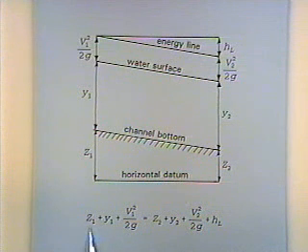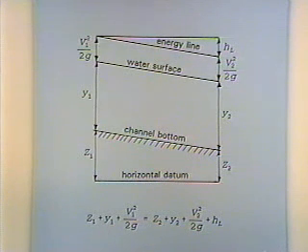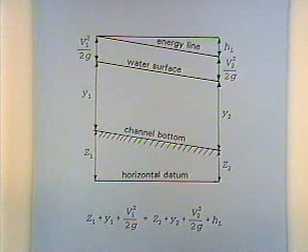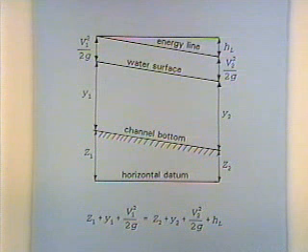We write it this way: the elevation head's the same. The pressure head, instead of writing P over gamma, we'll just write Y1, the flow depth. And so the elevation head plus the flow depth plus the velocity head at an upstream section is equal to the elevation head plus flow depth plus velocity head downstream plus the head loss in between. And so we'll use that.